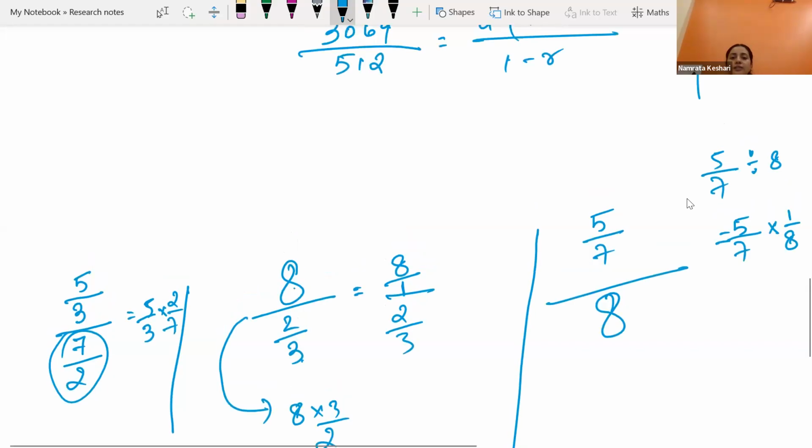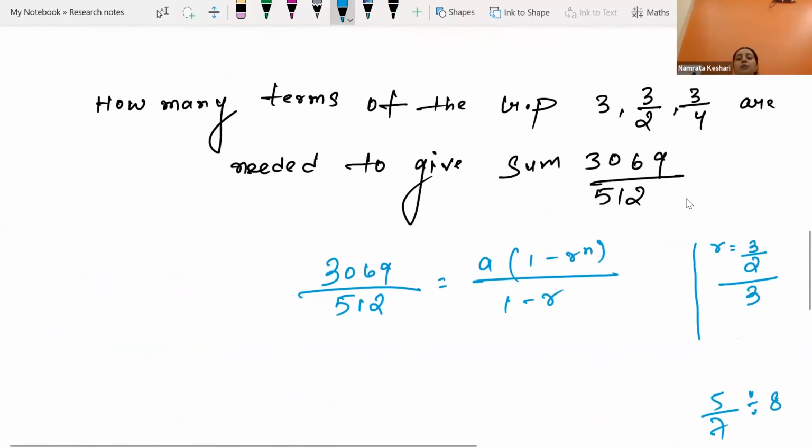These concepts we need to use over here. 3 by 2 is a fraction, divided by a whole number 3.